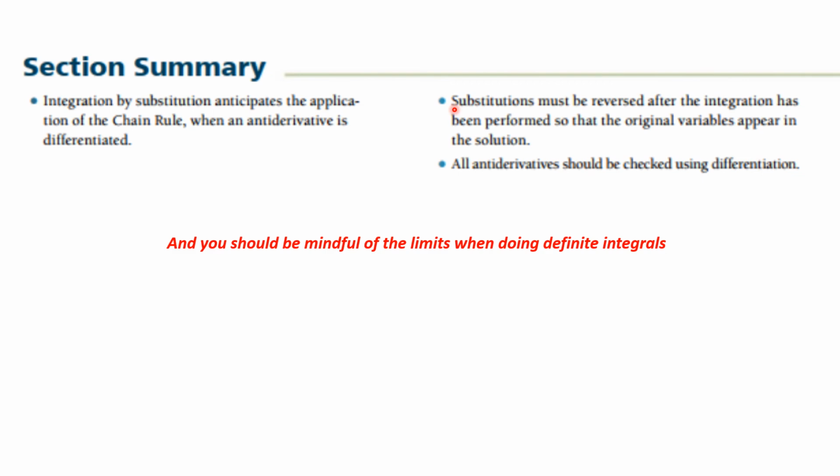When it's a definite integral, the answer will be a number, and you could do it either way. But you must be mindful of the limits when you're doing those integrals. If your antiderivative you're evaluating is in terms of u, your limits must be u. If the expression that you're evaluating has x's in it, your limits must be x. And all antiderivatives can be checked using differentiation.